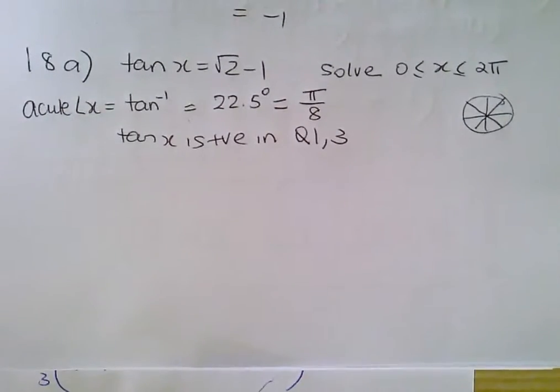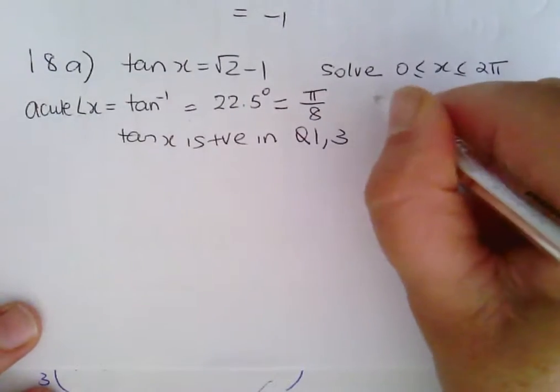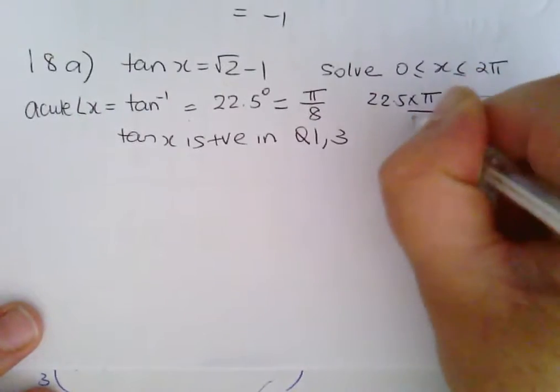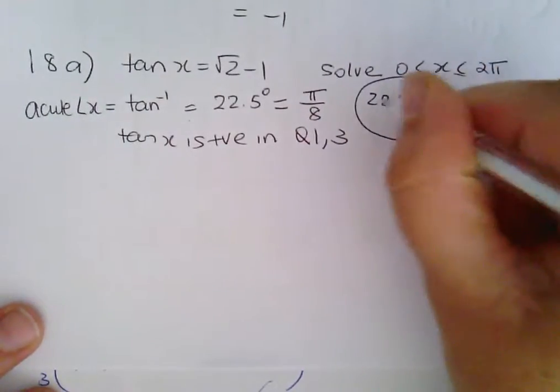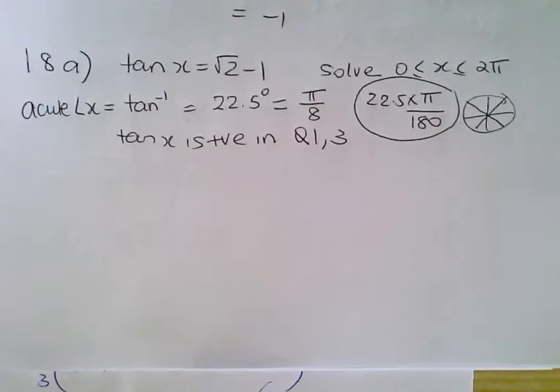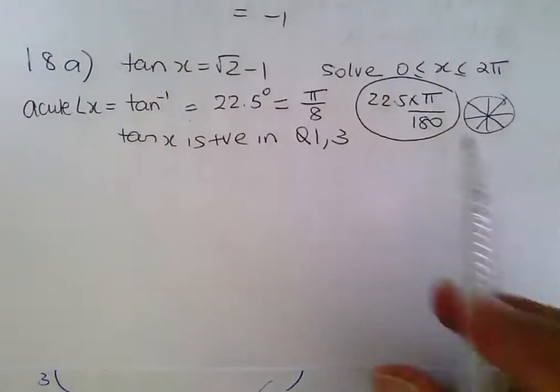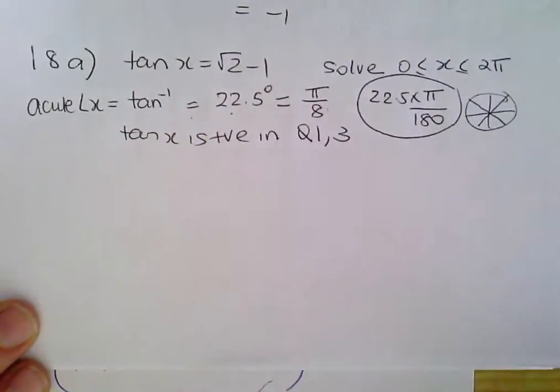Because 45 degrees is pi on 4, half of 45 is 22.5 degrees, half of a quarter is an eighth, pi on 8. If worse comes to worse, girls, you would just go on your calculator, 22.5, you don't put the pi in, do you? If you want to change it to radians, you go 22.5 times pi over 180, the 22.5 over 180 is 1/8. All right, so 22.5 degrees is pi on 8.